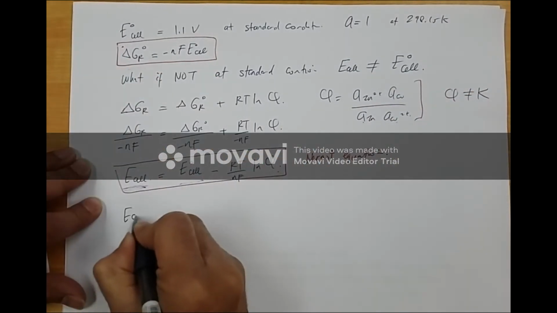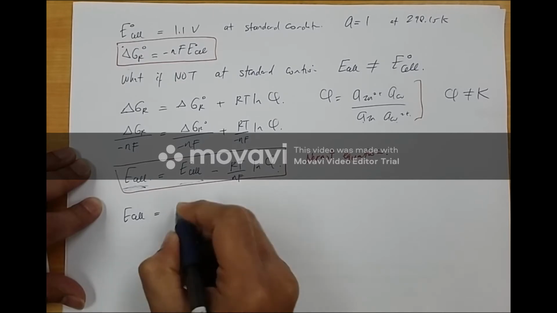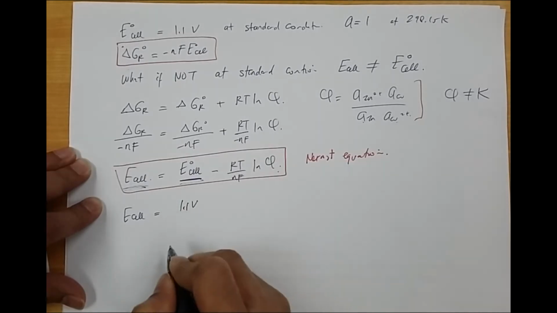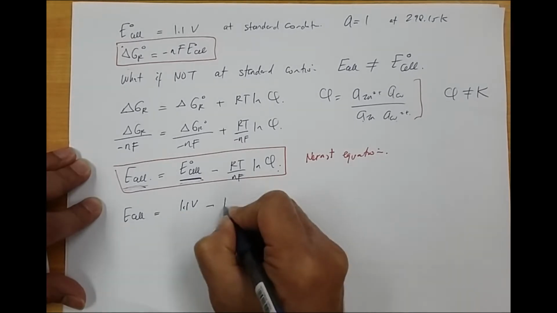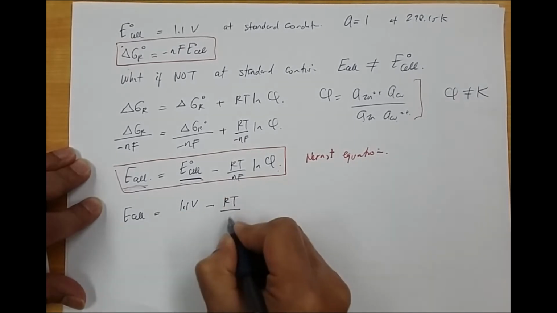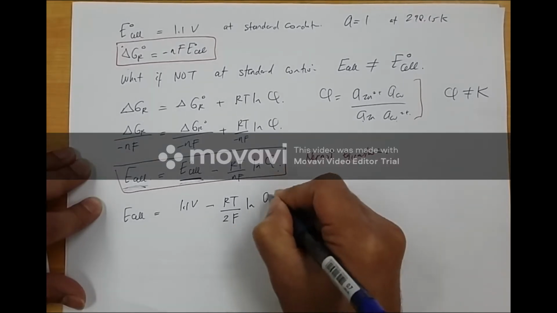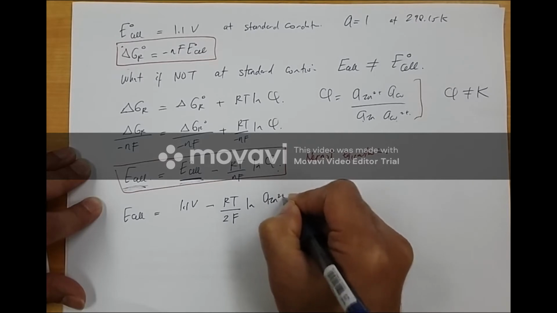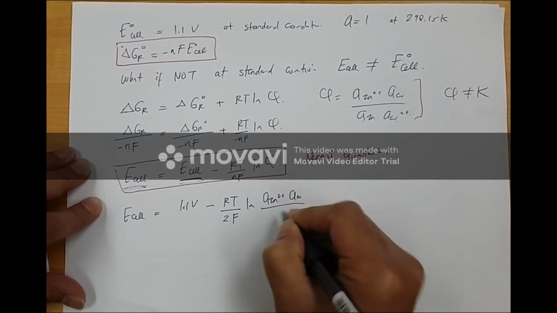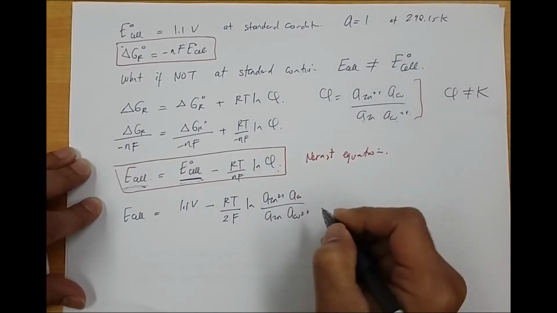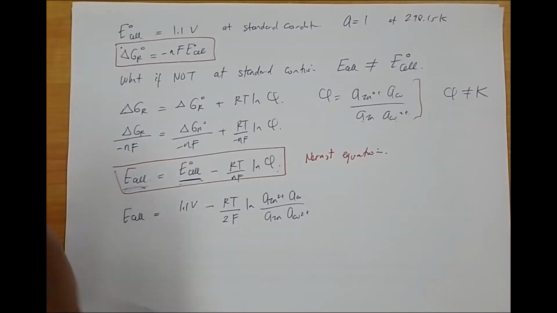So the E cell for the Daniell cell: the E naught of the cell is 1.1 volt, minus RT over nF, and the n here is 2, F is a constant, times the natural log of the activity of zinc 2 plus times the activity of zinc, over the activity of copper 2 plus times the activity of copper.